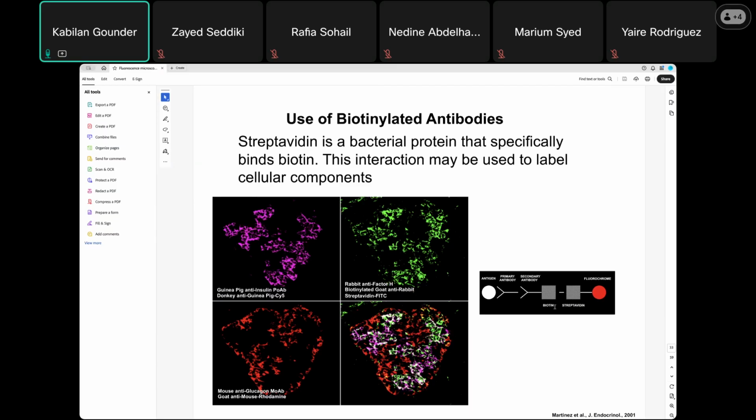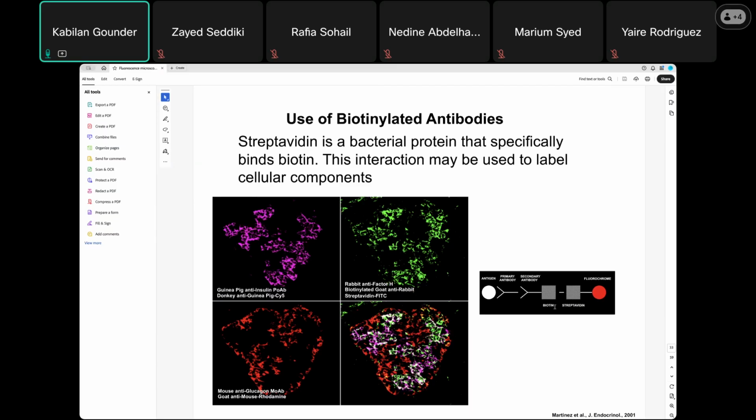We will study details in the next class, how important each of these antibodies is, and why we want to use different techniques.